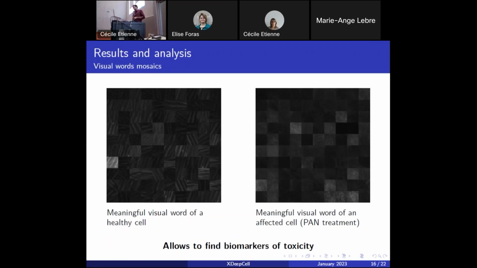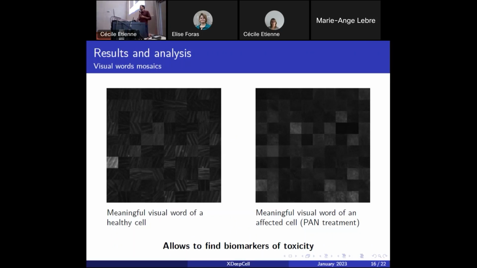What we can see is a striped texture, and this striped texture corresponds to actin filaments, actin fibers, which are totally normal in a healthy cell. Whereas on the left here, we have actin also, but it is not in the form of filaments.